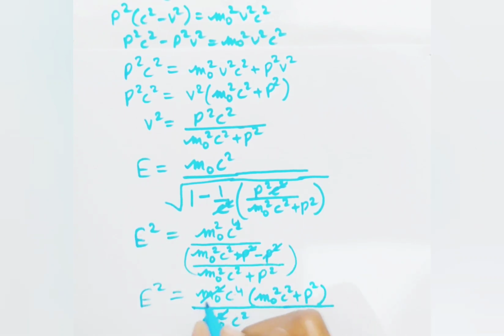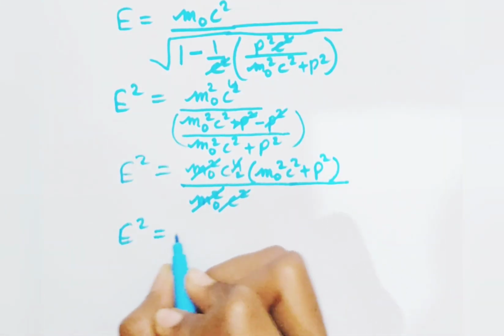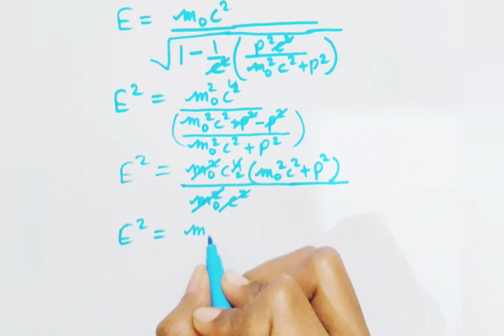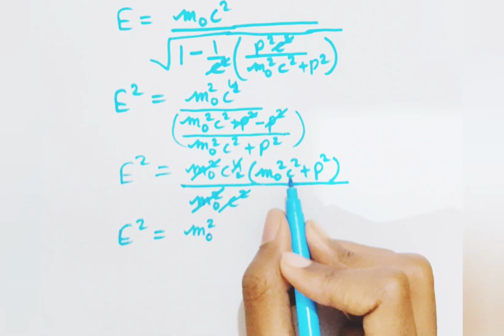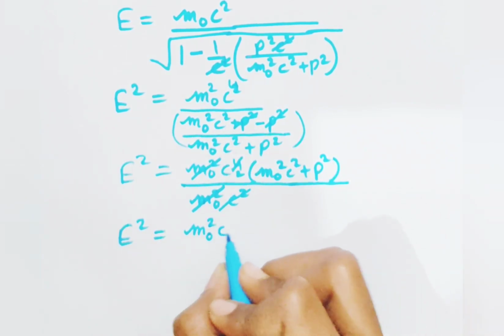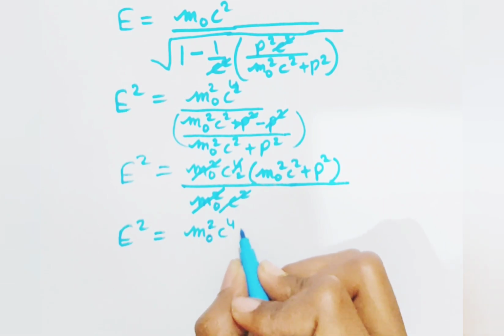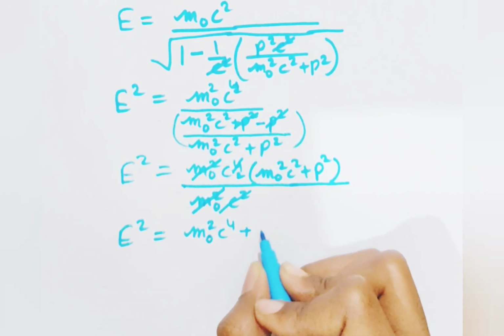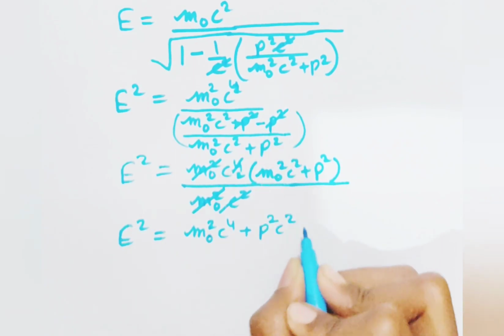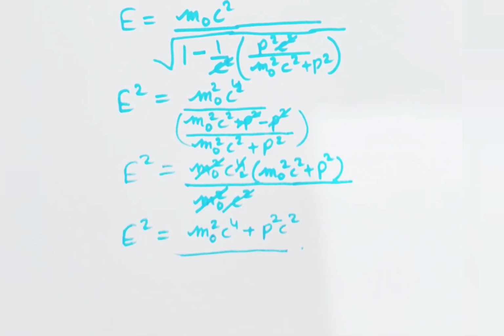We can cancel out m naught squared c squared, and we have E squared equals m naught squared c to the power of 4 plus p squared c squared. This is the equation of the relationship between energy and momentum, and we have successfully derived it. So now we have an idea about the momentum of a photon.